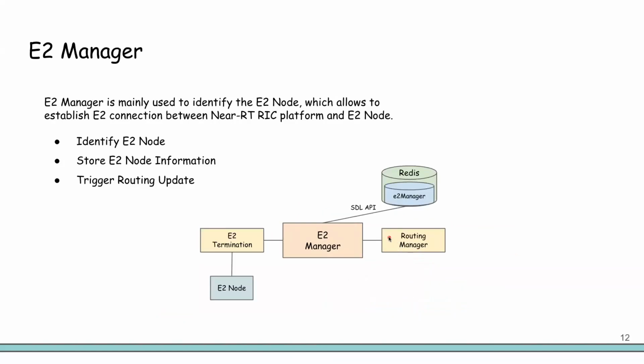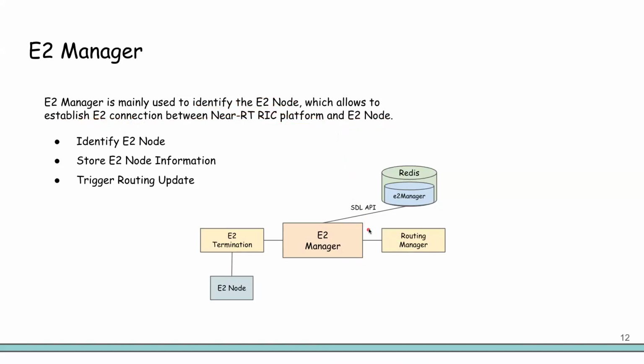So next is the E2 Manager. E2 Manager is mainly used to identify the E2 node, because you want to establish the E2 connections between the platform and the E2 nodes.